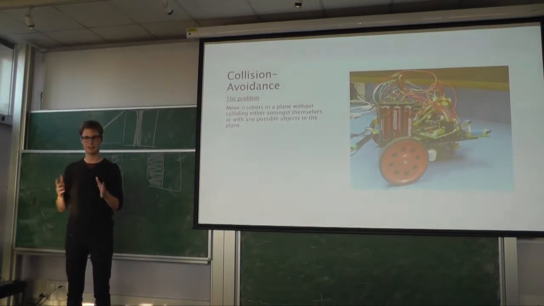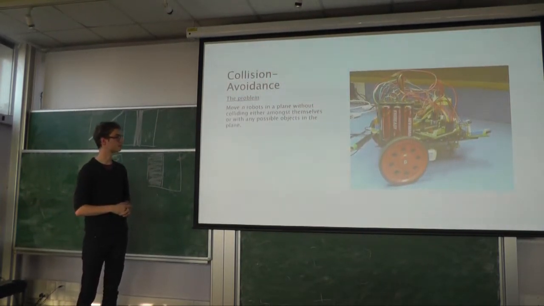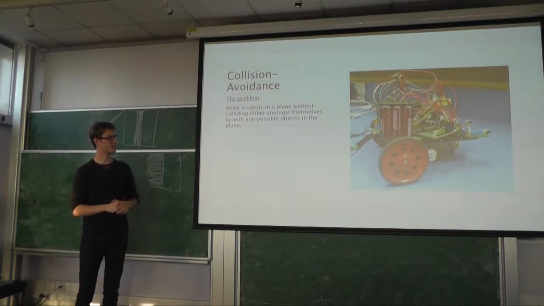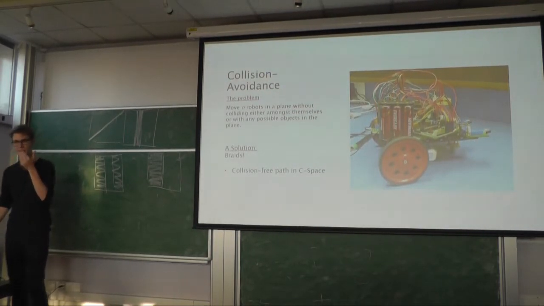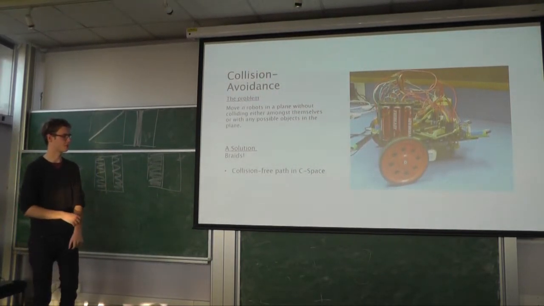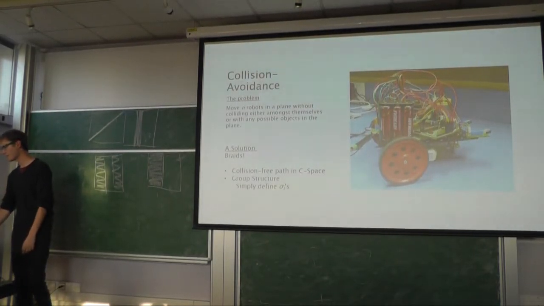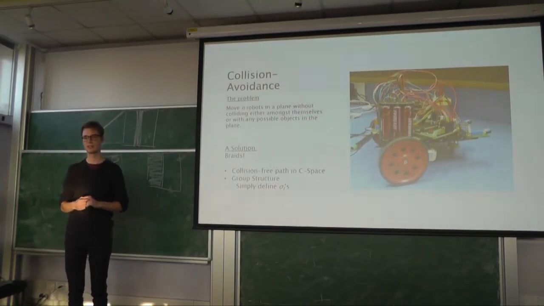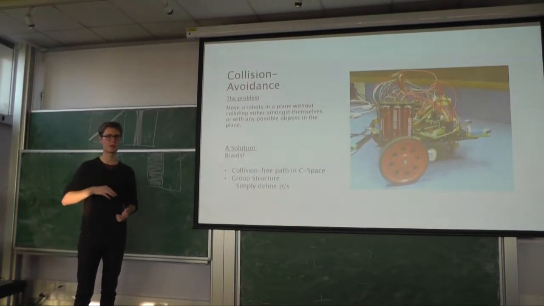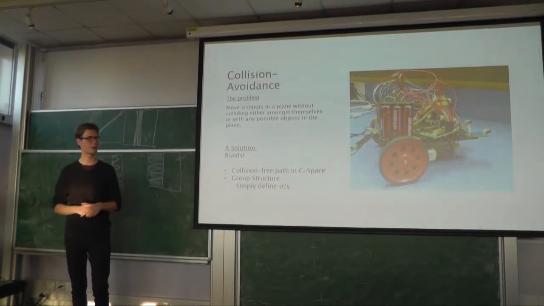So there has been work on this done using braids. The solution to this problem is braids, because they give you collision-free paths, as I mentioned earlier, and they possess a group structure. So you simply define what the sigma i's are in a movement, and then you combine them and you keep collision-free paths.